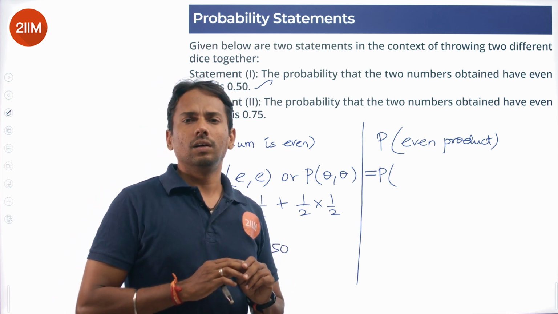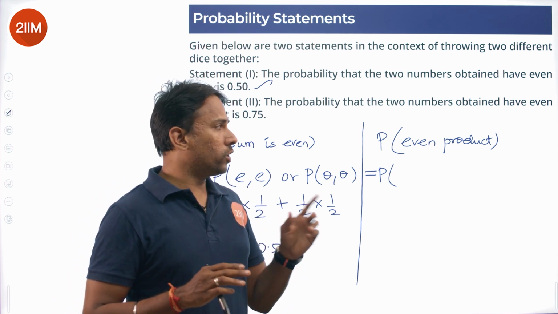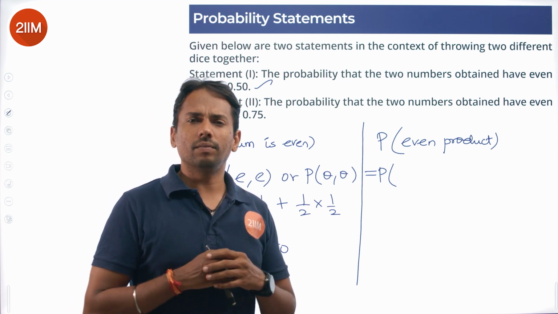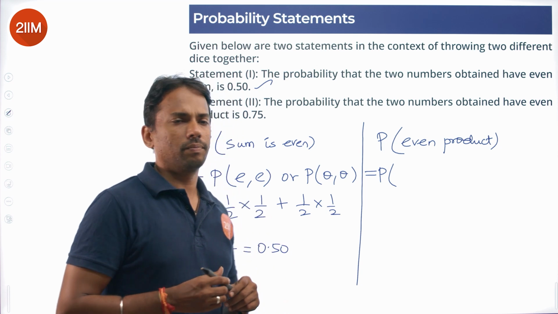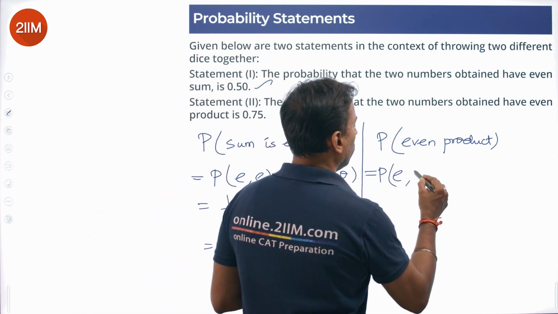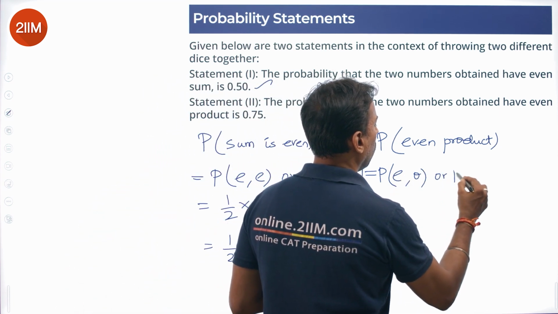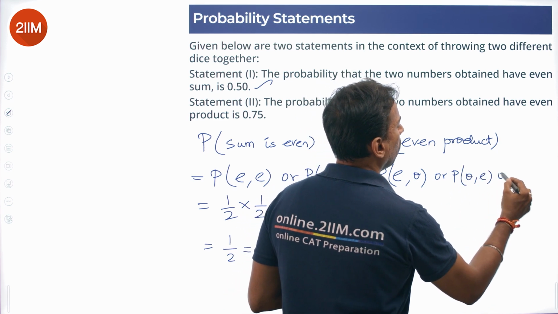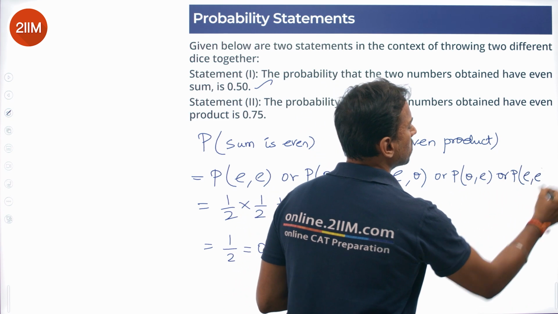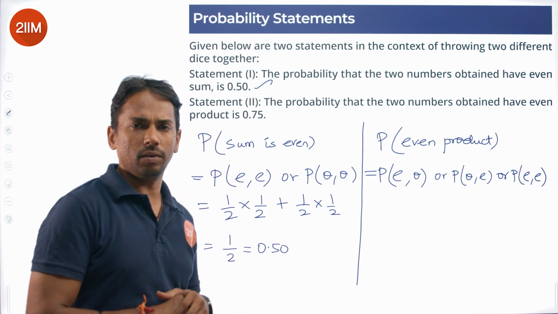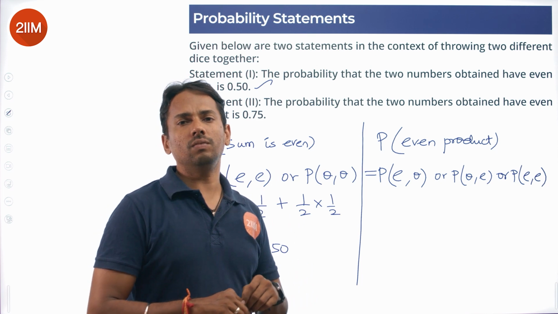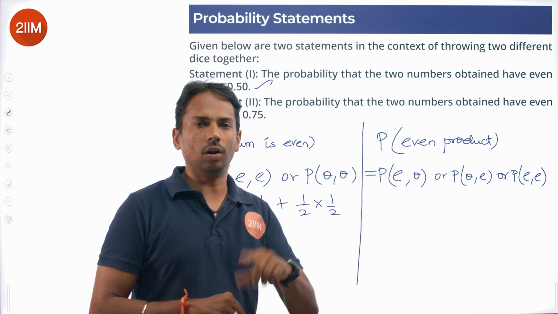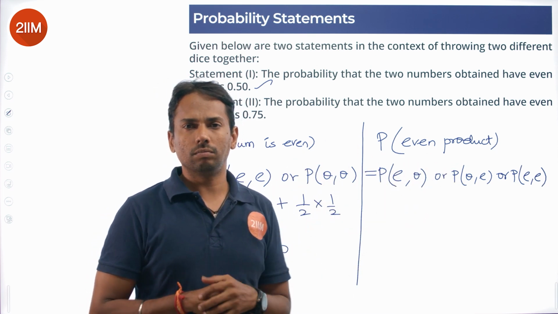The product should be even. When will the product be even? Very simple. When at least one of them is even, the product will be even. So even odd, or odd even, or even even. In all these cases, the product is going to be even. We will not get an even product only when both of them are odd numbers. Odd will give the product to be an odd number.